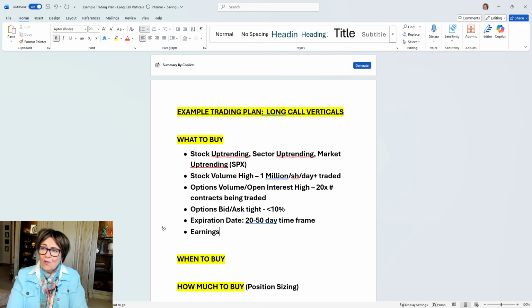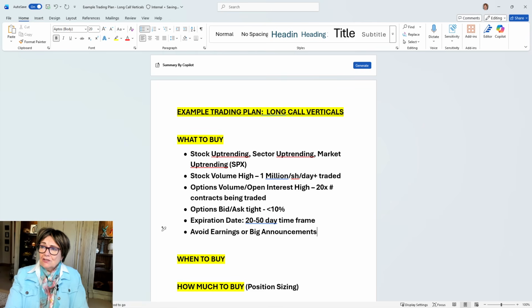We want to avoid earnings, and not only avoid earnings, but avoid big announcements, because stocks can gap up or down. With this trade, if it gaps up, we're golden. But if it gaps down, we've now maybe ended up with more than the max loss that we were intending to take. So avoid earnings or big announcements.